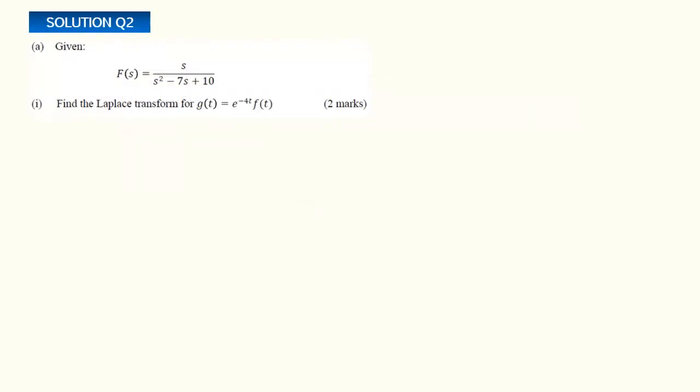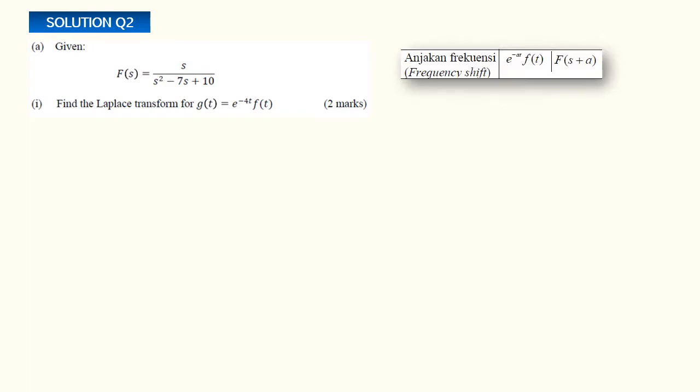Okay, let's look at the first part of question 2. Given F(s), find the Laplace transform for g(t) equals e^(-4t) f(t). Therefore, you need to always refer to the Laplace transform table in the first place. You may notice that this equation is in the shape of this.